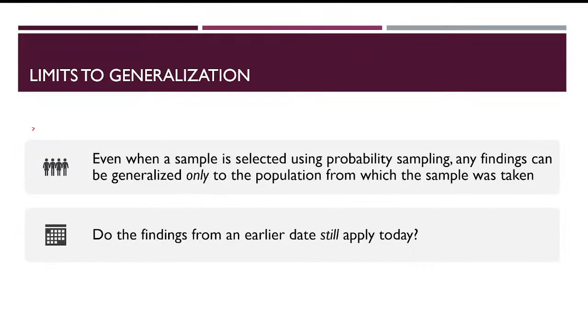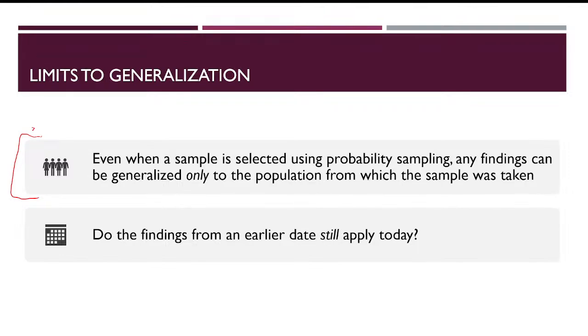You couldn't then go and say, probably people in Toronto are exactly the same as Edmonton, right? So even when you have probability sampling, it only applies to the population from which the sample was taken. That's obvious, right? You can't survey Europeans and say that this equally applies to the United States. You have to put limitations on how you generalize.